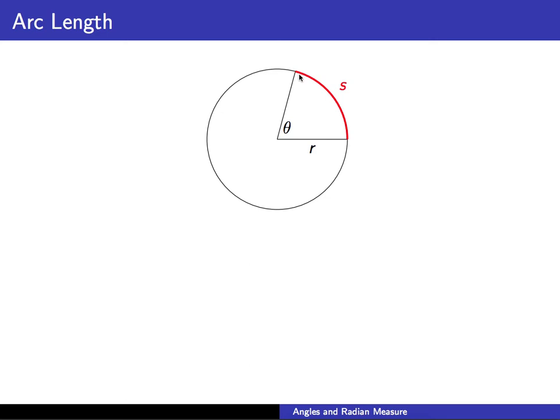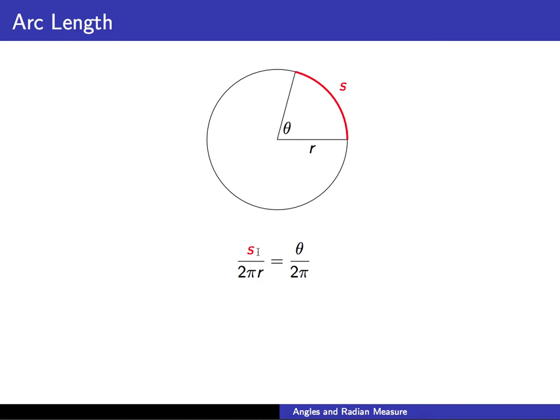Now, this length of our crust, this arc length, is a fraction or a portion of the entire distance around the edge of the pizza, which is the circumference. So we can think of the ratio of the arc length to the entire circumference of the circle, which, if we know the radius, is 2 times pi times r.